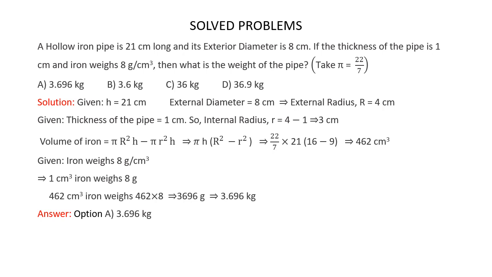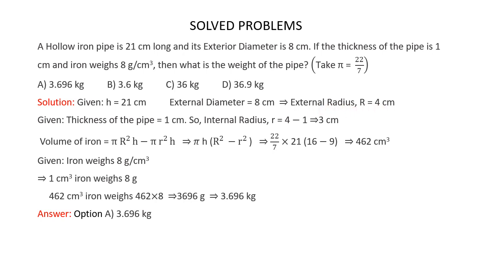So now it's given that h is equal to 21 centimeters. External diameter is given as 8 centimeters. Now, external radius is nothing but half of external diameter. So, external radius R is 4 centimeters.